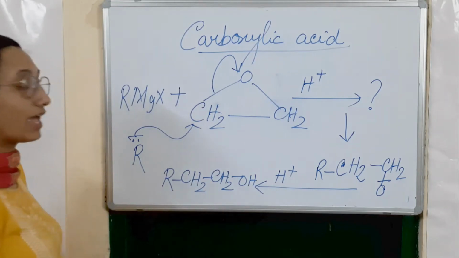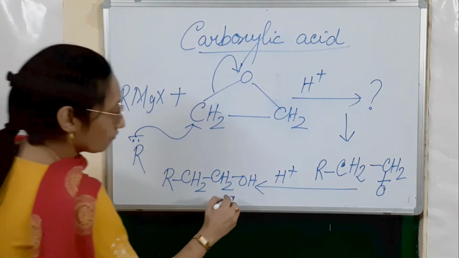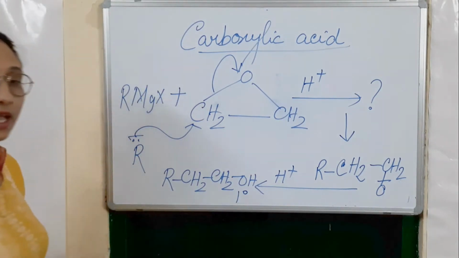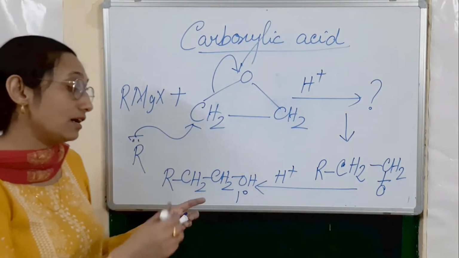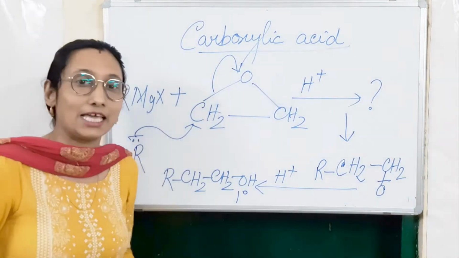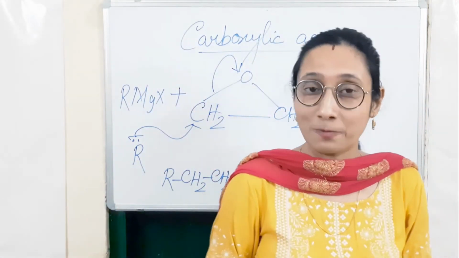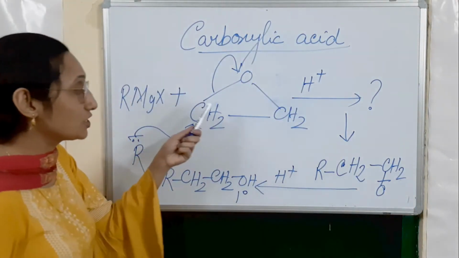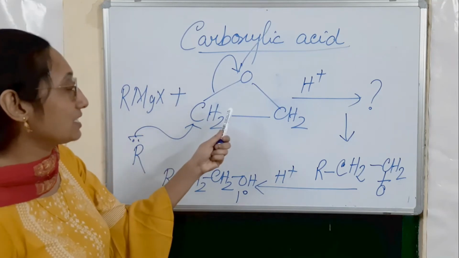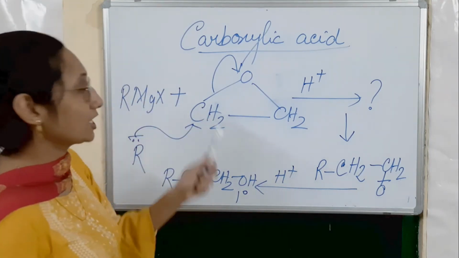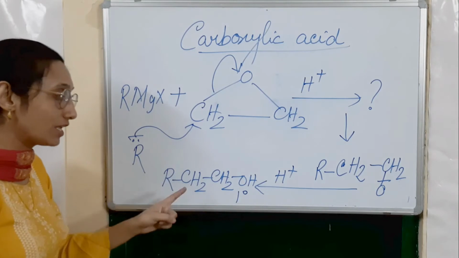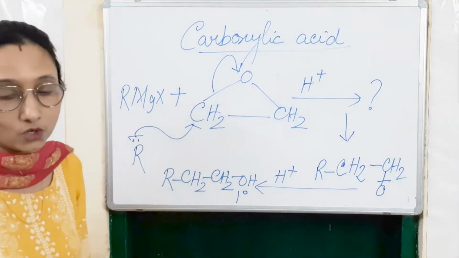What is the degree of alcohol? This is 1-degree alcohol, primary alcohol. So we have just now learned that formaldehyde plus Grignard reagent gives us primary alcohol. Now this compound, oxirane or ethylene oxide, will also react with Grignard reagent to give us primary alcohol.